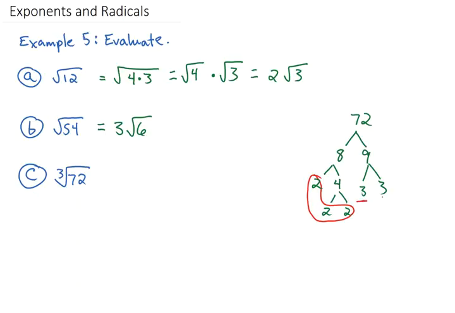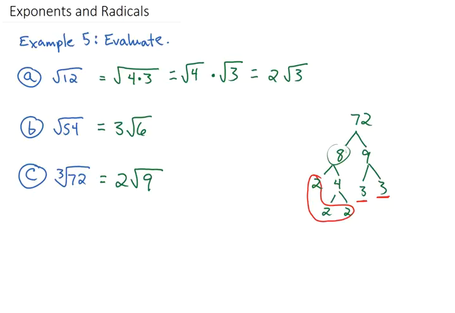But my 3's don't have a set of 3, so they're not going to be able to be cube rooted. That gives me the result: the three 2's, which is really just this 8 up here, I cube root and make that a 2. The 3's I can't cube root because I don't have a set of 3 of them, so I multiply them back together and make them a 9.